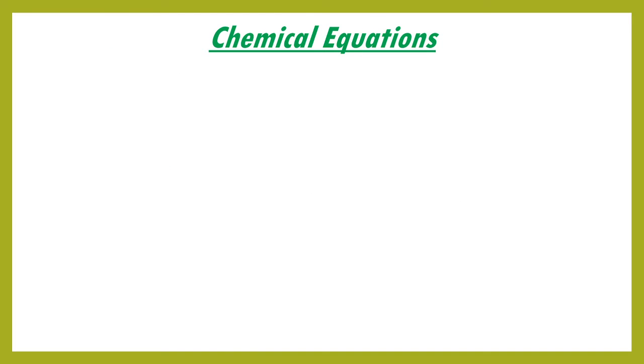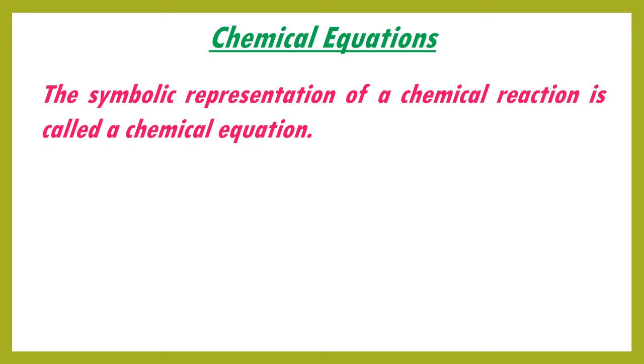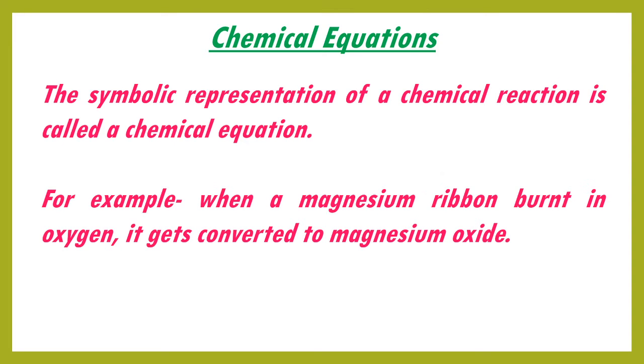Now I am going to explain to you about chemical equations. The symbolic representation of a chemical reaction is called a chemical equation. For example, when a magnesium ribbon burnt in oxygen, it gets converted to magnesium oxide.